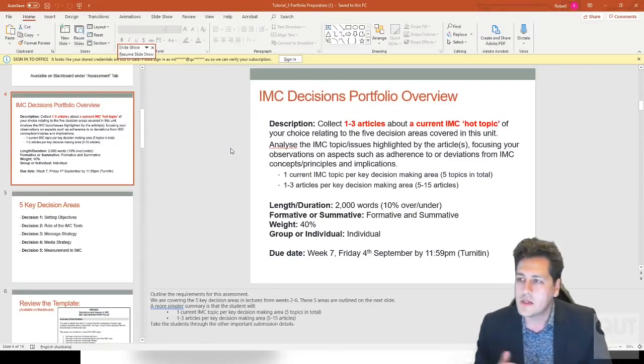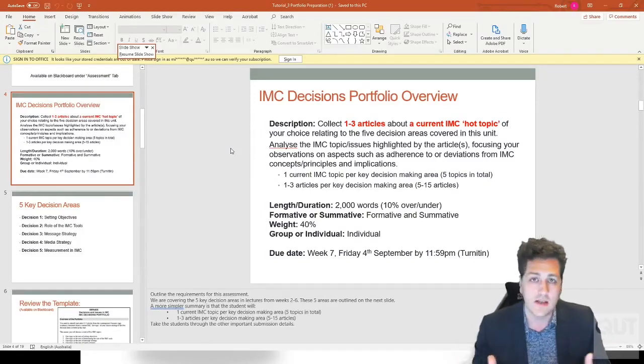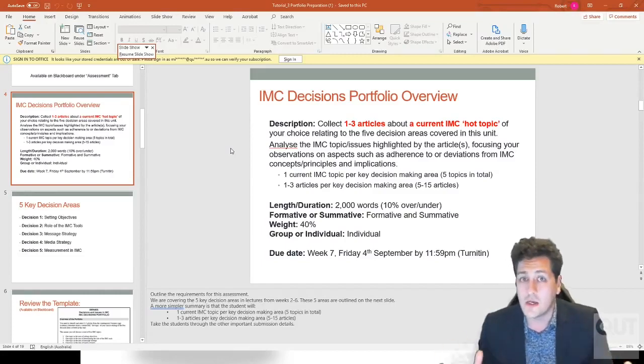I've just got a question here from Elizabeth asking how recent these articles need to be. That's a great question. I don't have a set date, right? As long as the issue is contemporary, and you can construct a good argument as to why it's still important today, I don't really mind if these articles are a few years old.